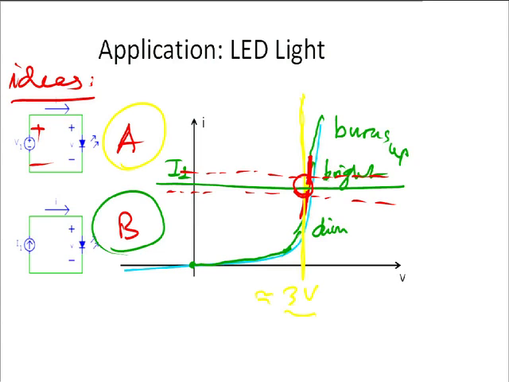So this is an example where the voltage source really doesn't cut it. Don't do that. But with the current source, we can solve the problem very nicely, and we'll find out how we're going to do that in the lab very soon. Okay, so current sources are useful.